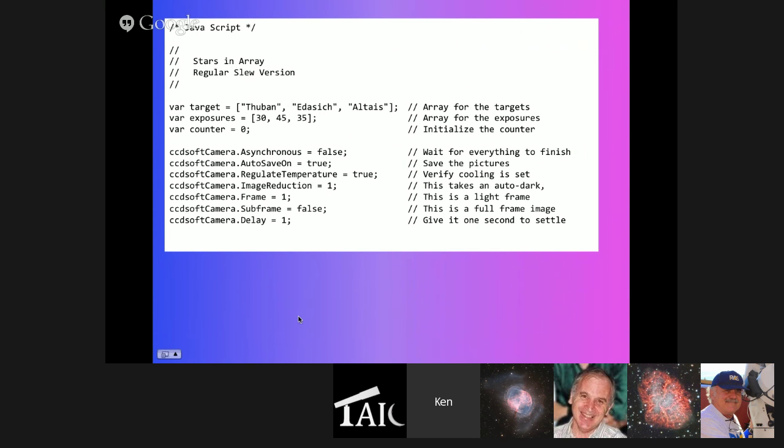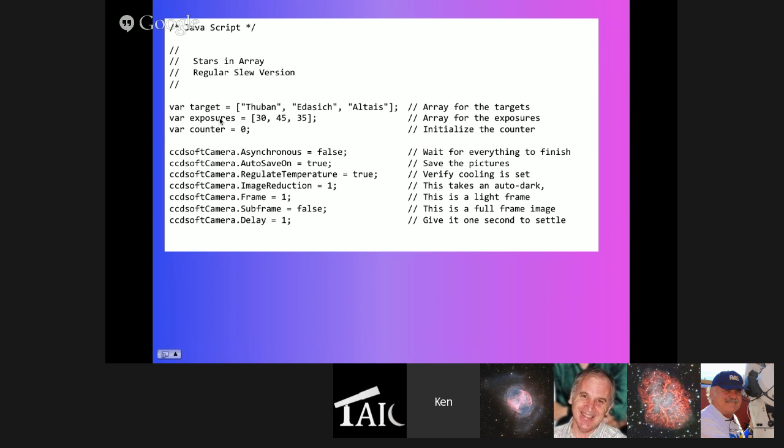If you have multiple targets, instead of just having it slew to one thing, you can build an array. An array is just a variable that stores several entries, and they're all indexed. So target index 0 is Thuban, index 1 is Edasich, and then Alterf.